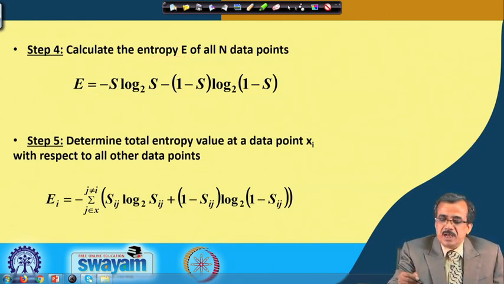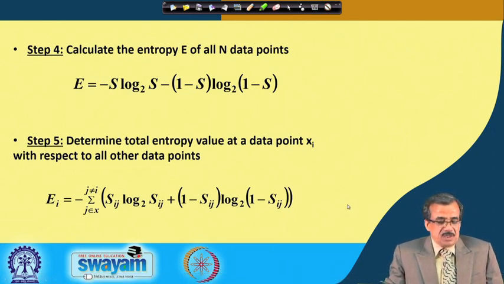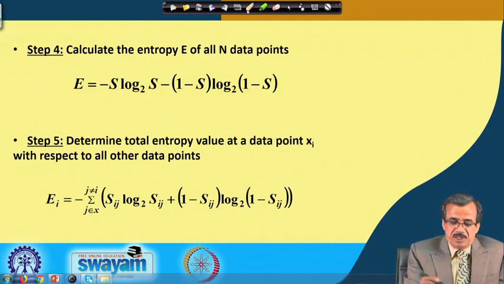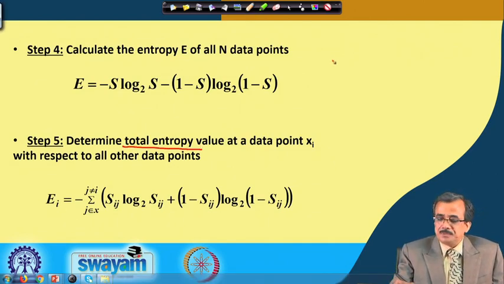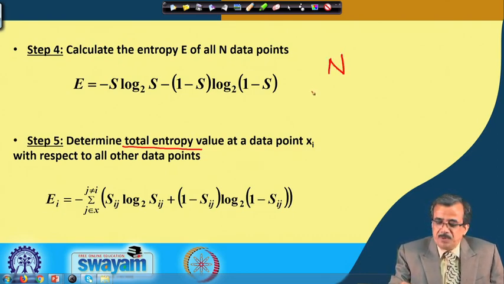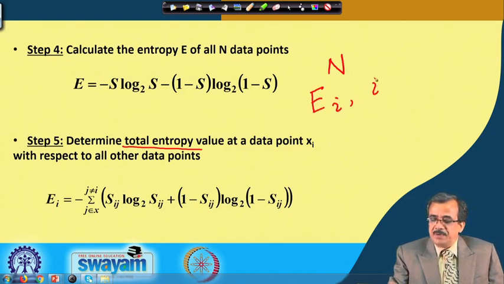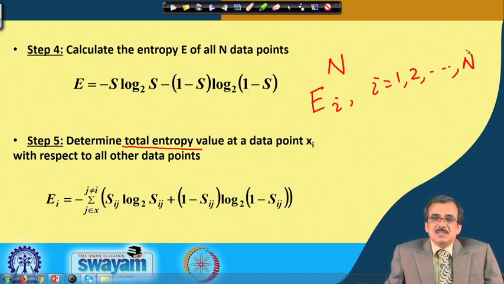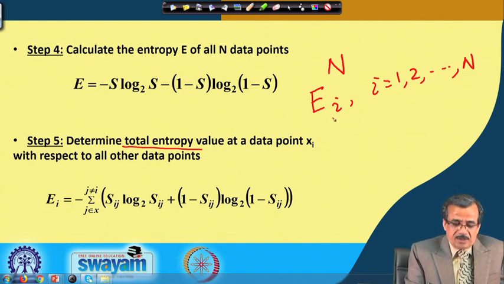Okay. And once you have got this, we are in a position to find out the total entropy for each of the data points. Now, we have got capital N number of data points. For each of the data points, I will be able to find out E_i, where i varies from 1 up to N. To calculate the total entropy, this is the expression which I will have to use.